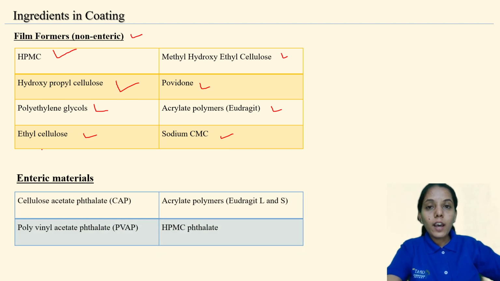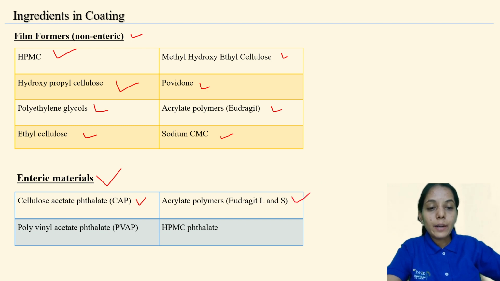Now let's see what enteric materials are used. The enteric materials are the materials which will release into the intestine, and will remain intact in an acidic environment. That is CAP, cellulose acetate phthalate.